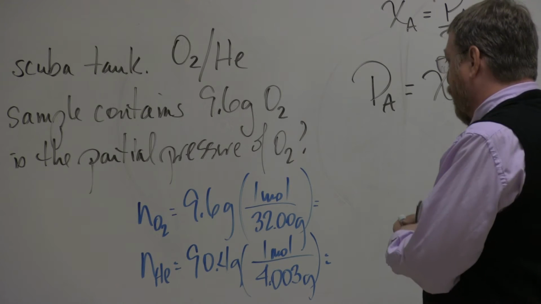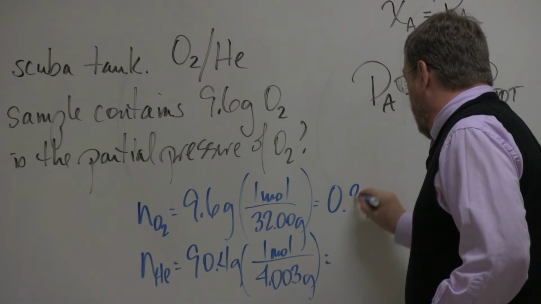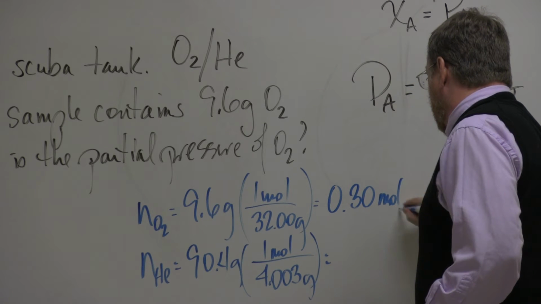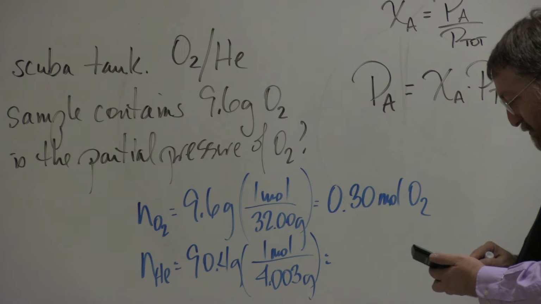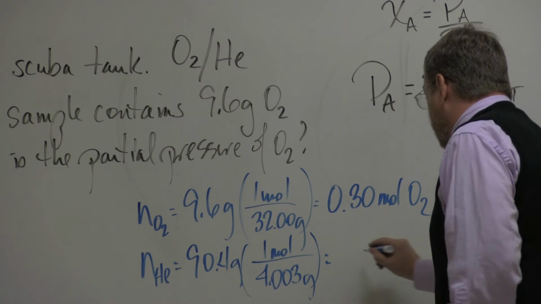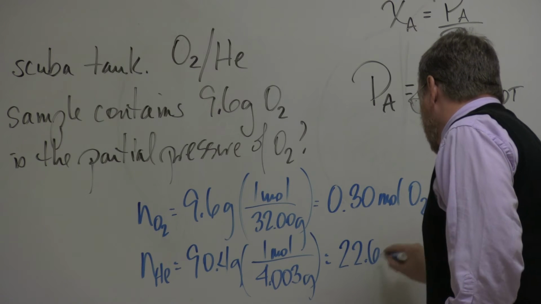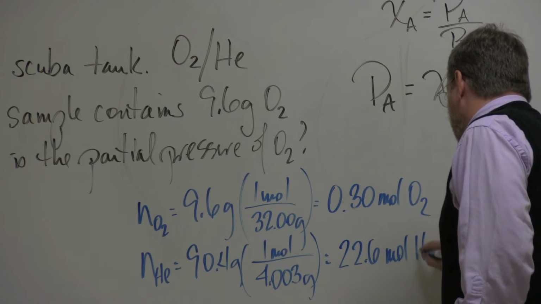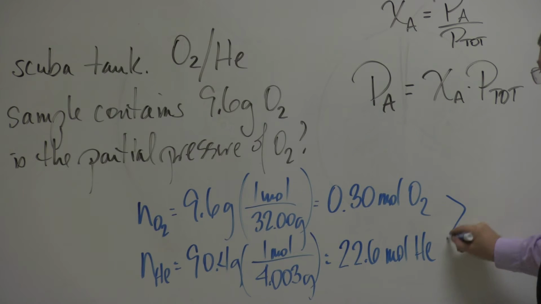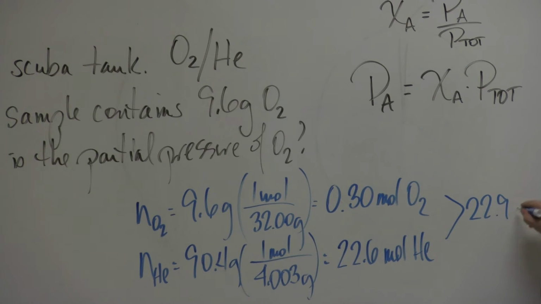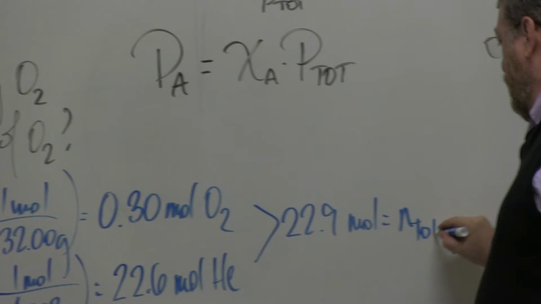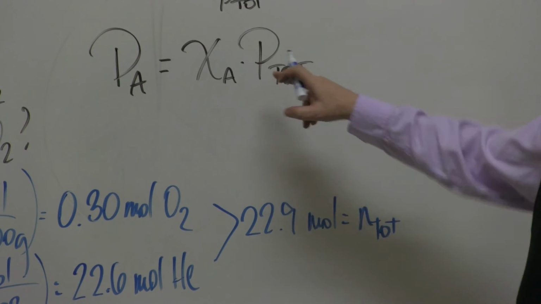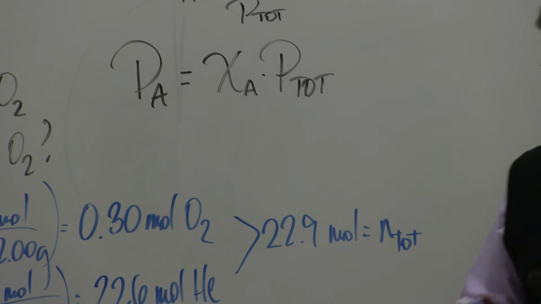So this is 0.3 moles of oxygen. This is 22.6 moles of helium. So my total moles here is going to be 22.9 moles. All right, now I can calculate the partial pressure of the gas.